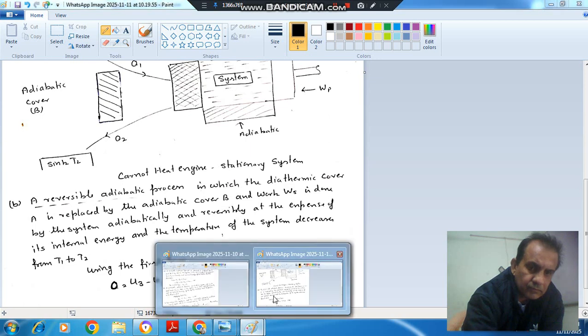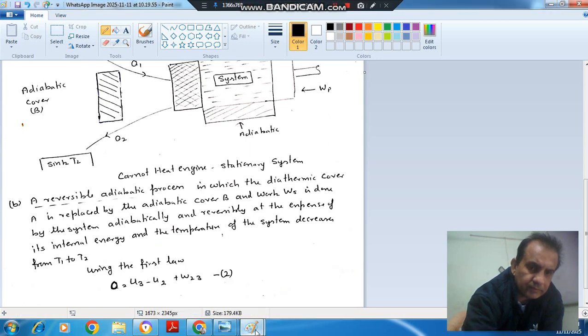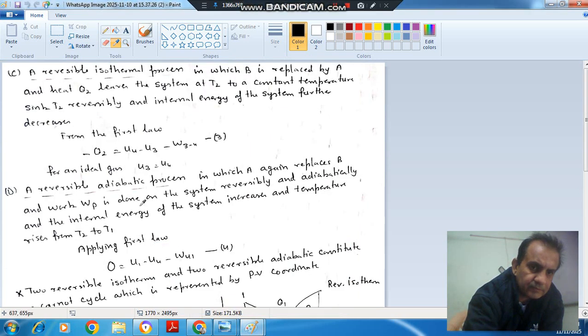So for that process, the first law is minus Q2 is equal to U4 minus U3 plus, no sorry, minus W34. Minus means work has to be done on the gas. For an ideal gas, U3 will be equal to U4.